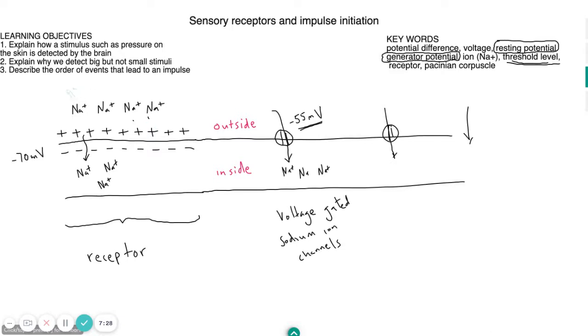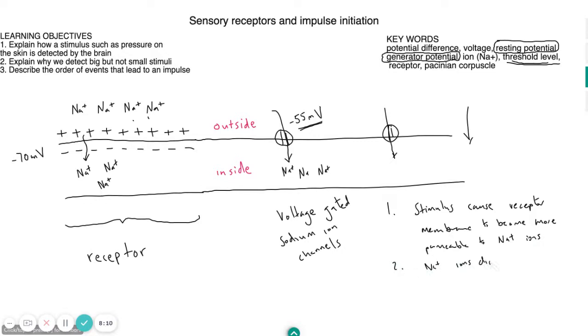Let's just double check one thing. Describe the order of events that lead to an impulse. We've gone through that, so let's do this one more time. Stimulus causes receptor membrane to become more permeable to sodium ions. Sodium ions diffusing.